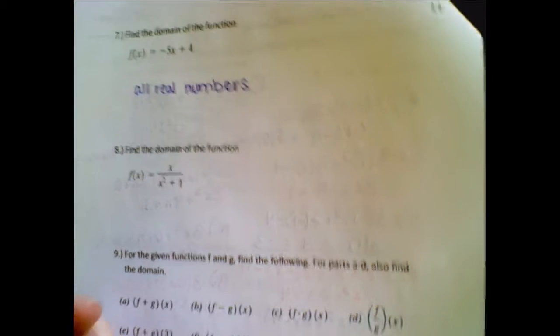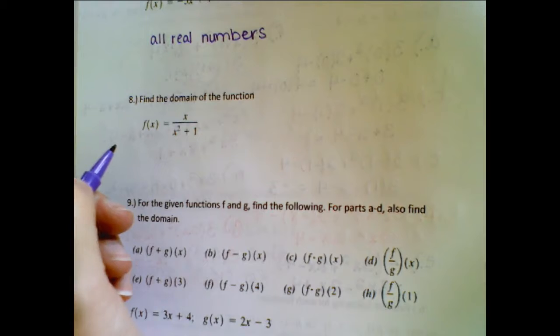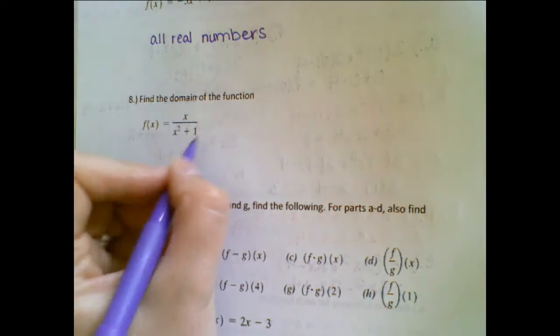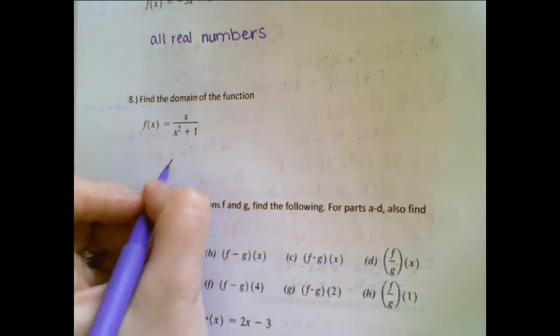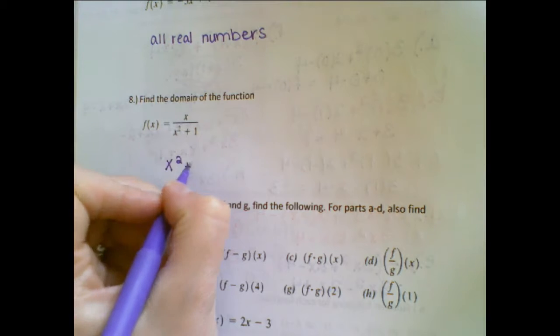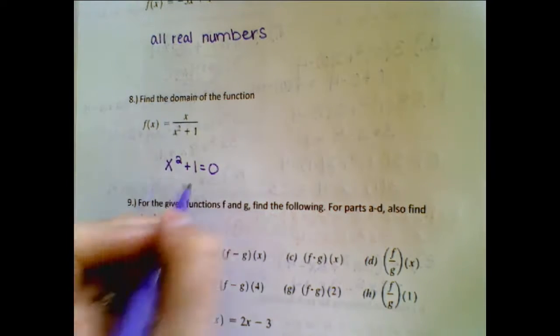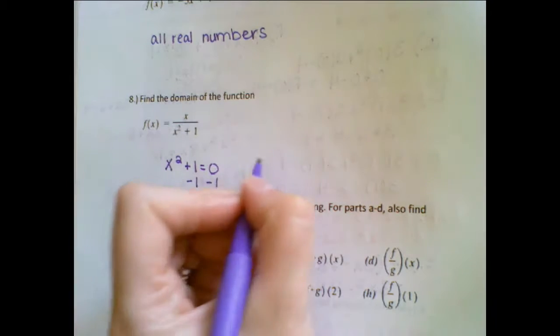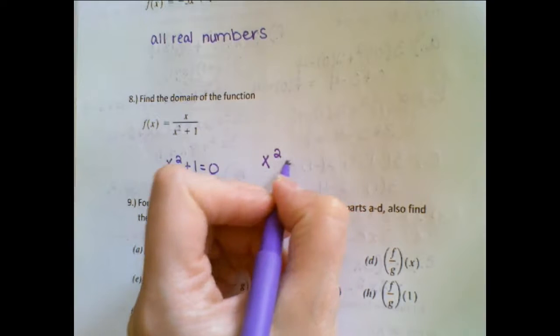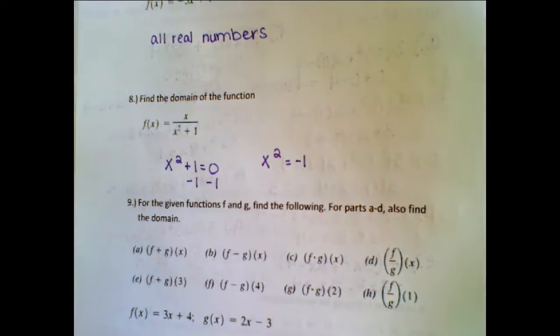What is the domain of the function? Is this a fraction? Yes. So the denominator cannot equal 0. So I'm going to have x squared plus 1 equals 0. Subtract 1, x squared equals negative 1.